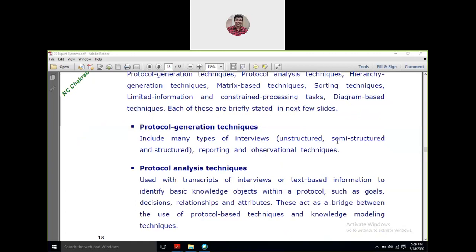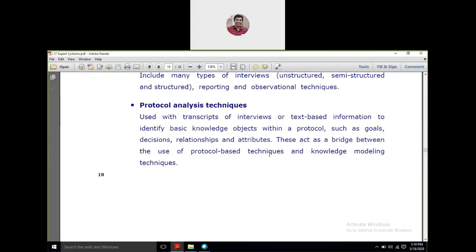But the most important part is that you can get the information in unstructured, semi-structured, or structured format. These distinctions in the knowledge you will be acquiring come under the protocol generation techniques. That means under which head you are acquiring that particular knowledge from that expert.